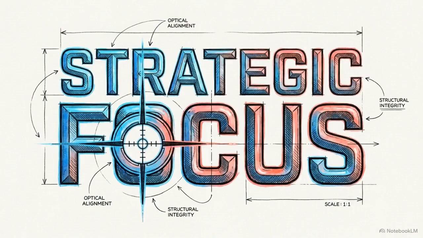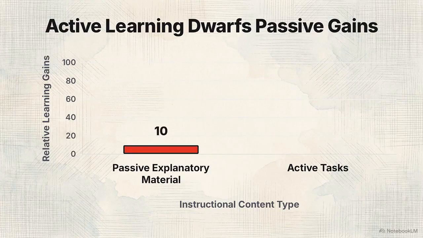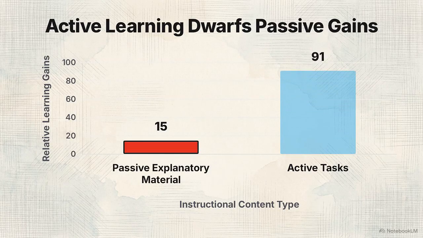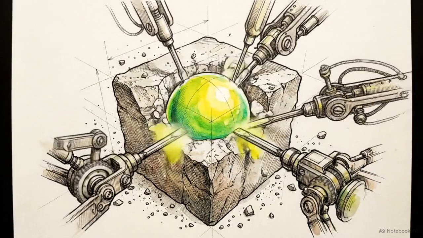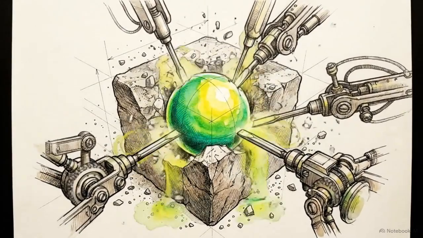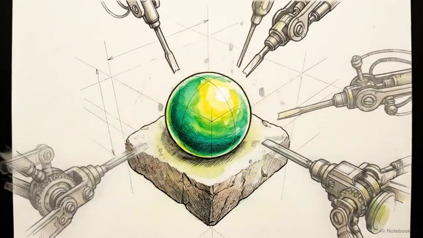That brings us to the second required shift, moving away from broad brush explanatory content and toward finely targeted information. Decades of data show that passive interactions with purely explanatory material generally produce the lowest learning gains. Explanatory material only succeeds when it is rigorously carved down to target complex concepts that directly support higher-order problem solving.